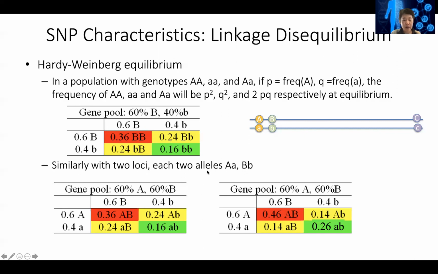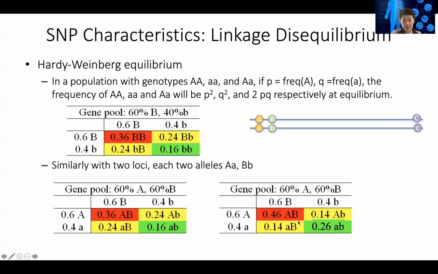Now if we look at two adjacent loci, each with a major allele and a minor allele, you could see that by chance we would expect big A big B to be 36% and small a small b to be 16%, but in reality you might actually see a different percentage.